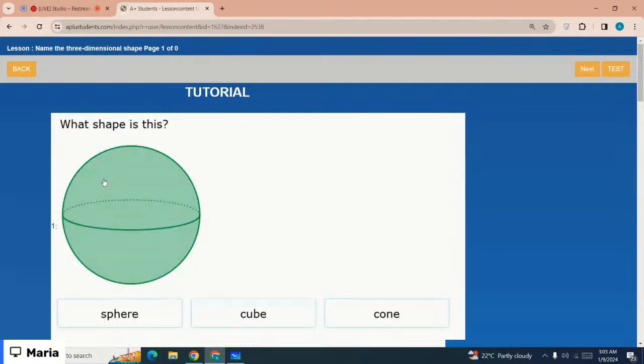Okay, so we are given a shape. We have to name the shape, like what shape is this, right? Sphere, cube, or cone? Which is the correct option? The shape is the sphere, right?